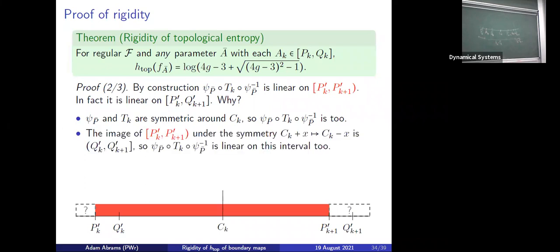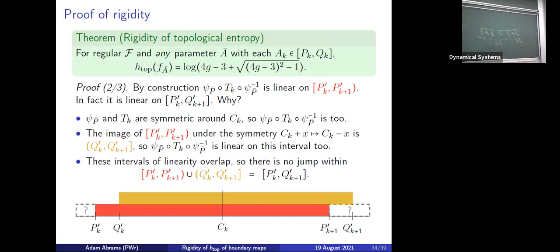I've made the tick mark for CK longer at the bottom, and I'm just going to take this red interval, reflect it around CK to get this gold interval. Now if I know the map is linear on the red interval, and I know it's linear on the gold interval, well, it's linear on their union, which is exactly from PK to QK plus 1. So actually it's linear on this slightly longer interval.